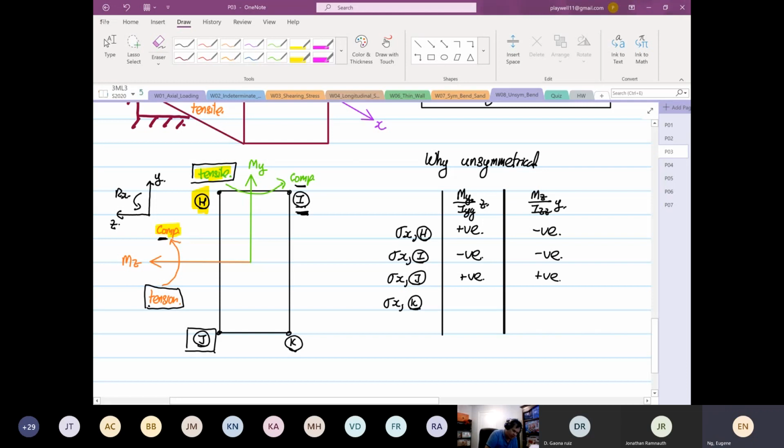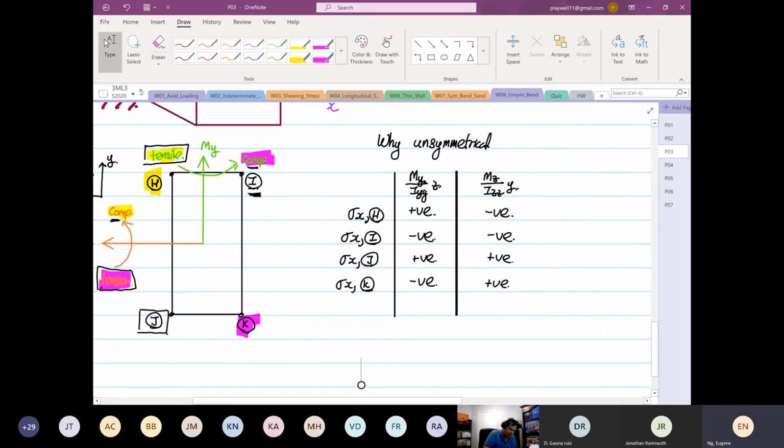And then if you look at K, okay, if you look at K, right? K, MY will be what? Will be negative. And then the K will also be what? Will also be in tension. Yes or no? So the K will also be in tension.